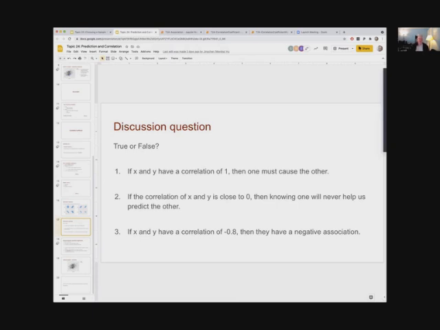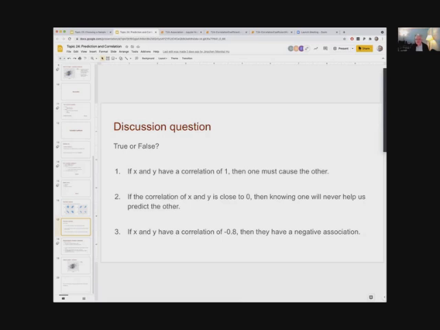So this one's a little more ambiguous. I would go with false on this one. The reason is that, remember, the correlation is just a measure of linear association. There could be an association that's not linear.